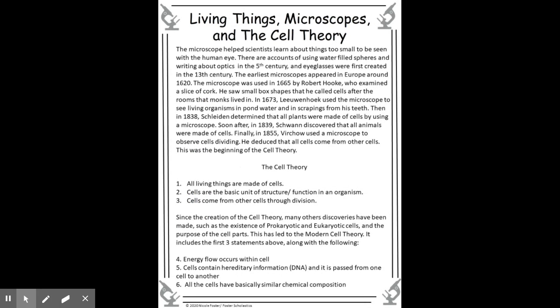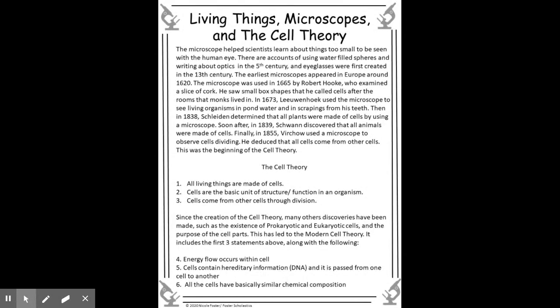The microscope helps scientists learn about many things too small to be seen with the human eye. There are accounts of using water-filled spheres and writing about optics in the 5th century, and eyeglasses were first created in the 13th century. The earliest microscopes appear in Europe around 1620.